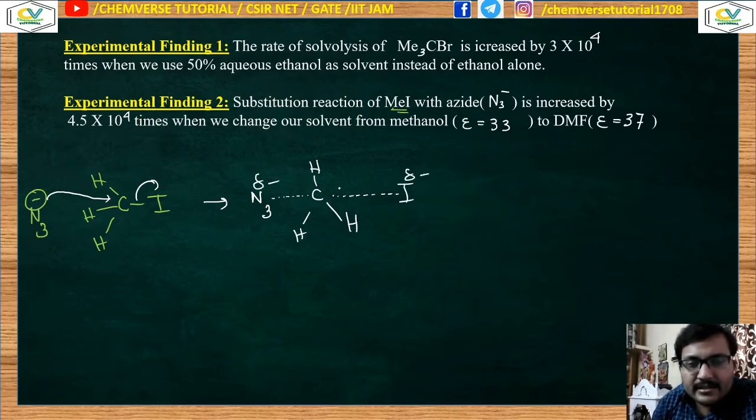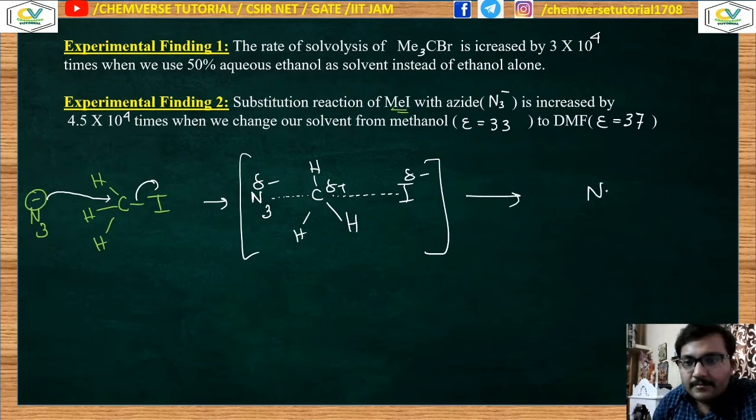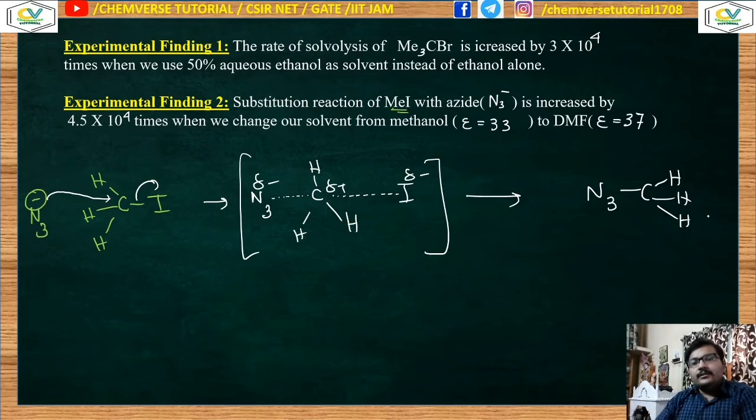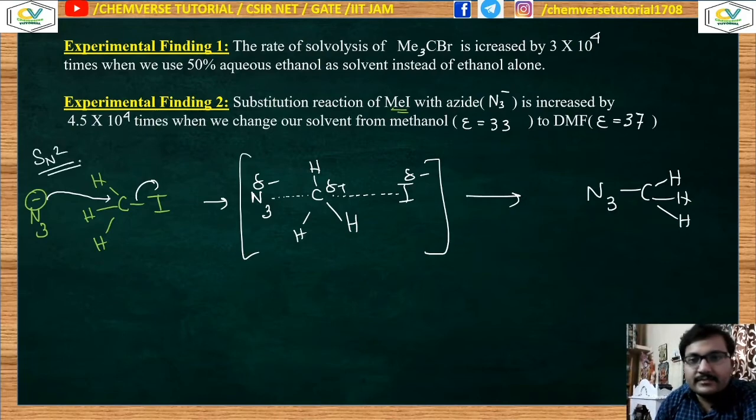Delta minus, delta minus, delta positive, and this will be your product. So this is the case. What is happening here is that an SN2 reaction is taking place where azide N3 minus serves as a nucleophile.